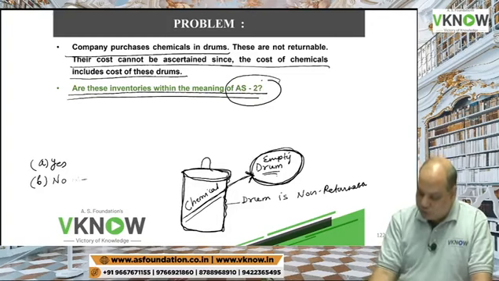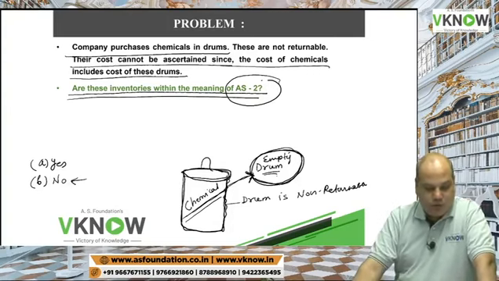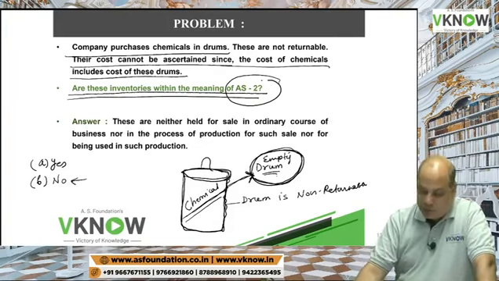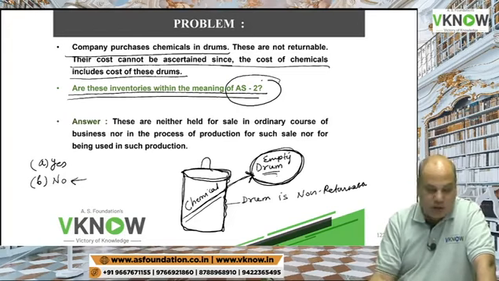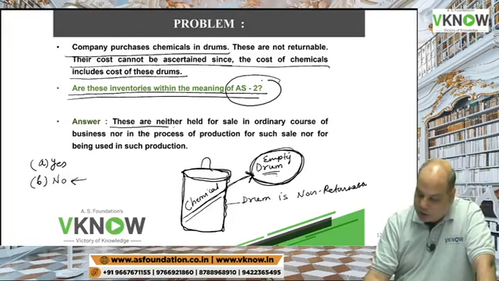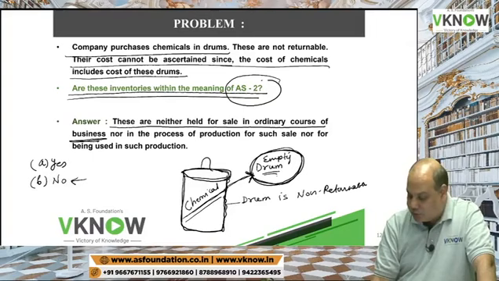So the answer most of you are giving is no. But why? Pawar is saying no. Jayashri is saying no. The answer is it does not meet the definition of inventory. What is the definition of inventory? These are neither held for sale in the ordinary course of business.